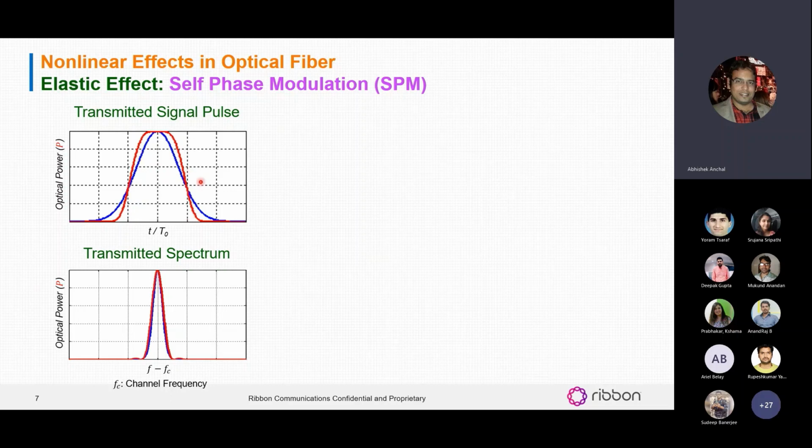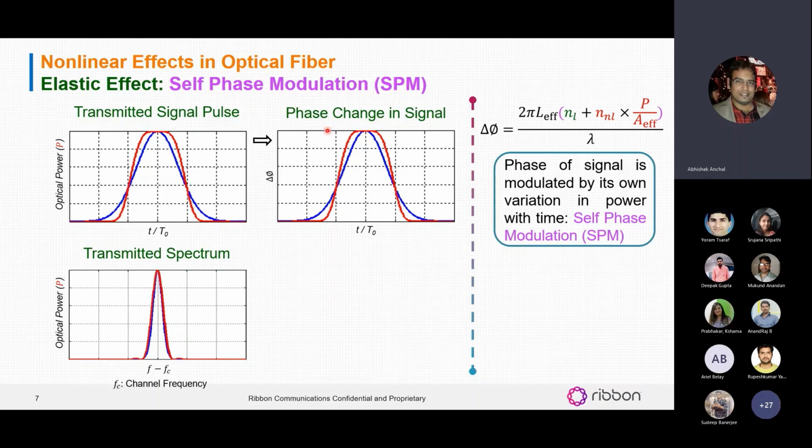We can see that the optical power of the signal itself changes with time because we transmit pulses, and so it changes the phase of the signal because of the nonlinear refractive index in a very similar fashion. Basically the phase of the signal is getting modulated because of its own variation in power, so it's called self-phase modulation. It's creating a modulation in its phase because of its own power variation.